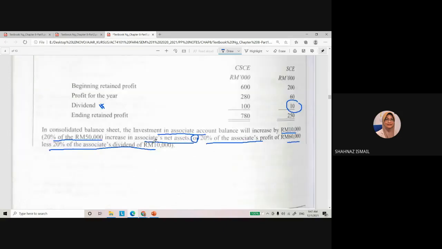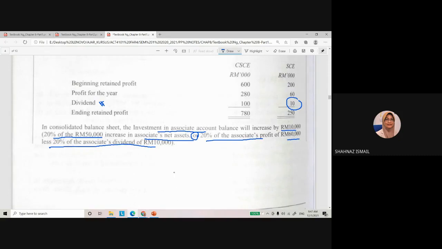Okay, profit after tax dia adalah 60. Okay. So, kat sini yang akan diambil kira hanyalah the dividend. So, dividend adalah 20% times 10K, which is 2K.